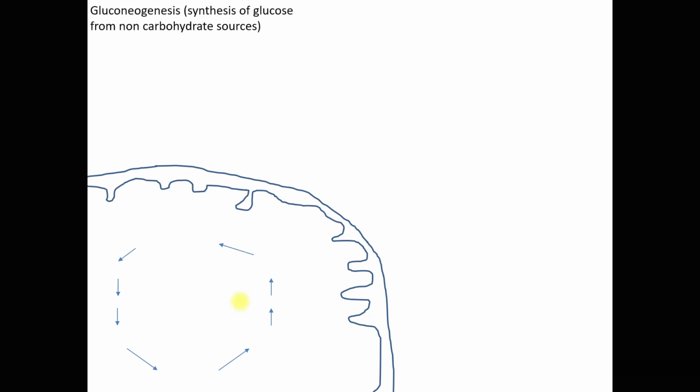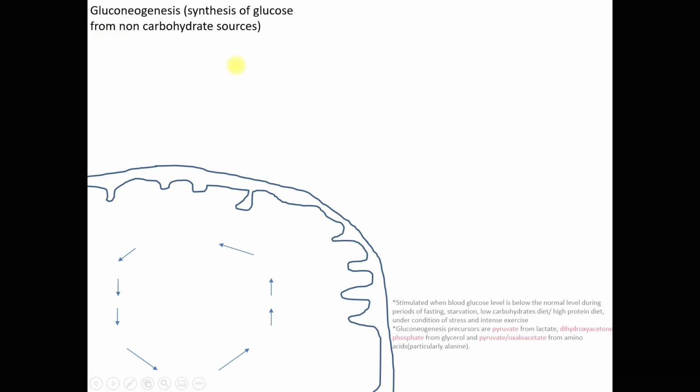Now the third process is gluconeogenesis. Gluconeogenesis is defined as the synthesis of glucose from non-carbohydrate sources. Gluconeogenesis is triggered when the blood glucose level is below the normal level during periods of fasting, starvation, low carbohydrate diet or high protein diet, and under conditions of stress and intense exercise.